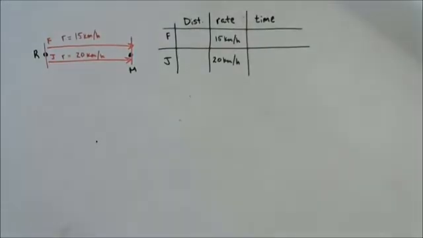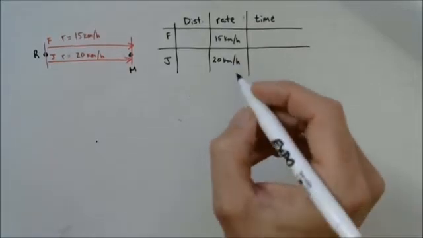Time. We do not know the specific amount of time that either of them were traveling, but we do know that Jesse traveled for an hour less than Frank did. So let's introduce a variable.